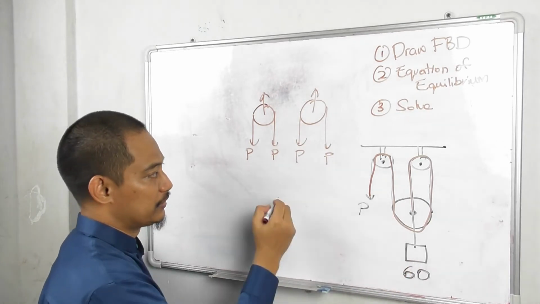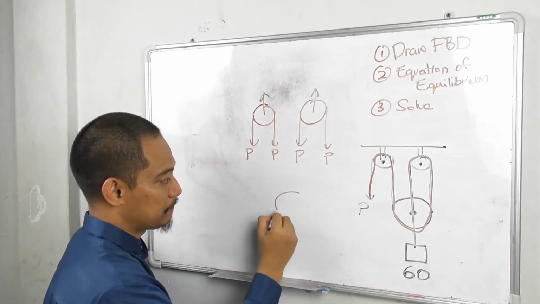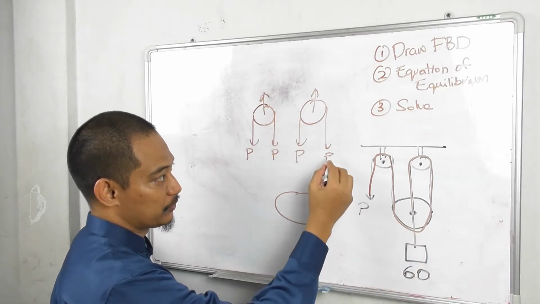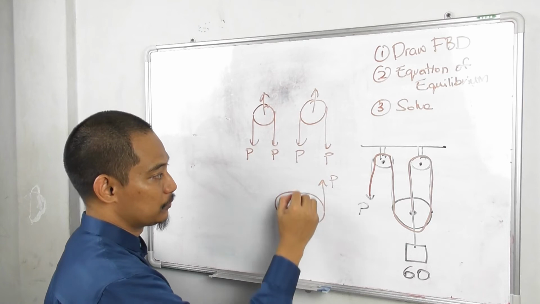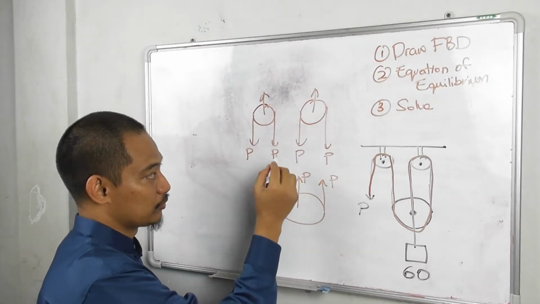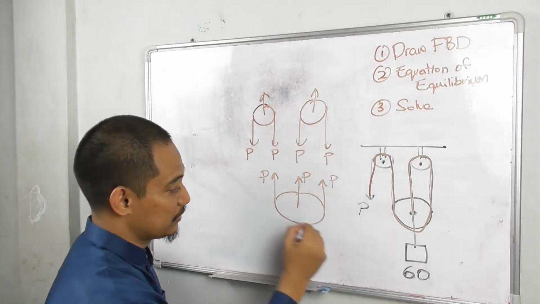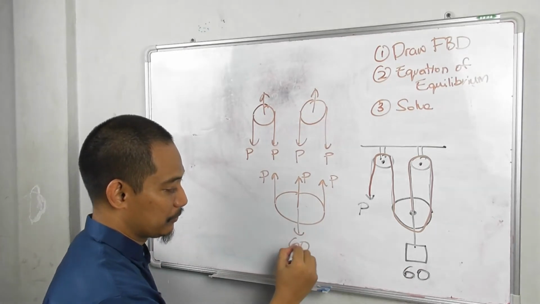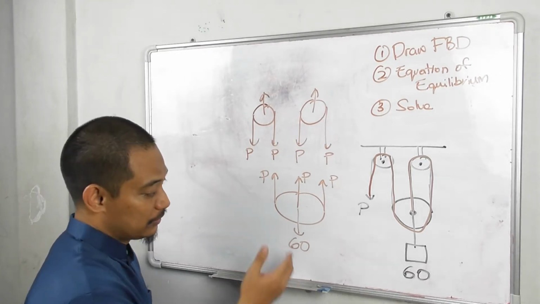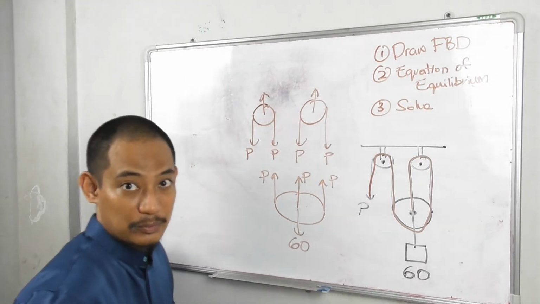And if you draw the pulley down here, here is P corresponding to this one. Here is also P corresponding to this one. Here is also P corresponding to this one. And then the weight down here is 60 pounds or 60 Newtons, depending on whatever unit that you have. Let's say that the value is 60 in terms of weight.